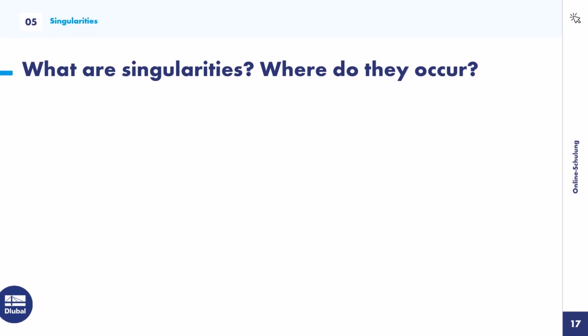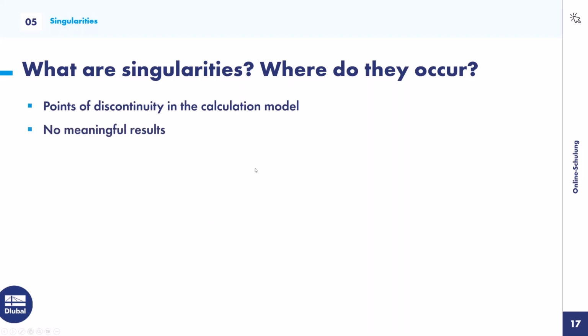It's the so-called singularities. Singularities are a big problem since they are a discontinuity in the calculation model. So it's not a physical and real problem, but a mathematical problem. It means the results are just useless, kind of.